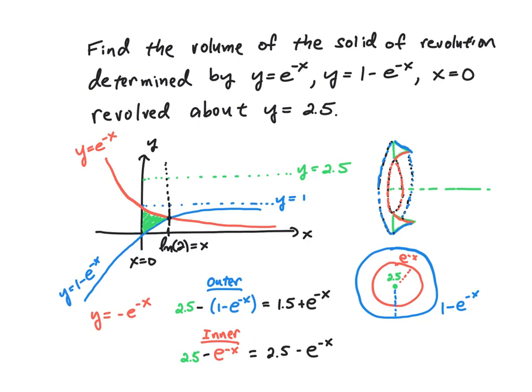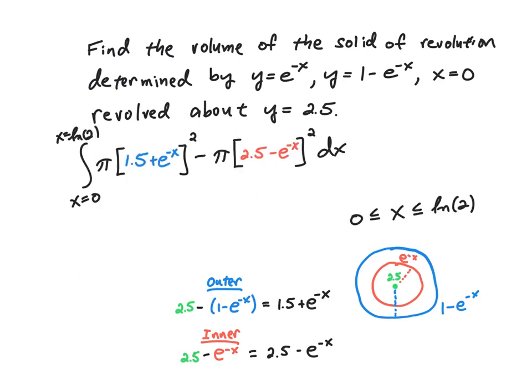So you get an outer radius of 2.5 minus (1 minus e to the minus x). If I simplify that, I'll get 1.5 plus e to the minus x, and then the inner radius will be 2.5 minus e to the minus x. And then we're going to be integrating from x equals 0 to x equals the natural log of 2. So x is bounded between 0 and natural log of 2.